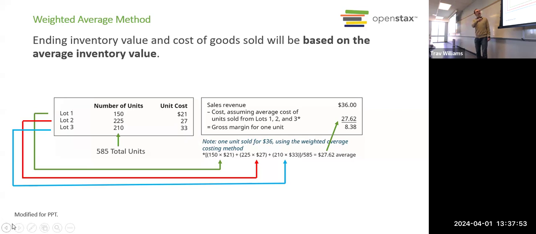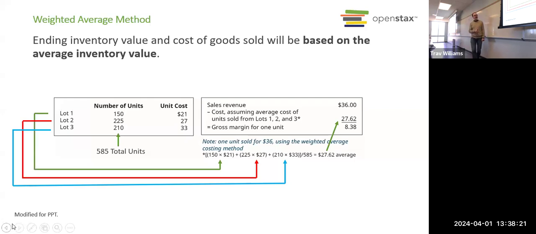You have to multiply to get the cost of this lot, multiply to get the cost of that lot, add it all together. Now you know the total cost of all your inventory, right? So you have to multiply each of these lots, add all the costs together, divide that by the total number of units. That gives you your average cost per unit.